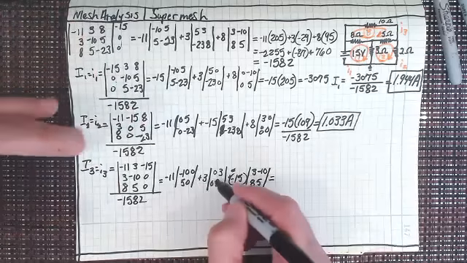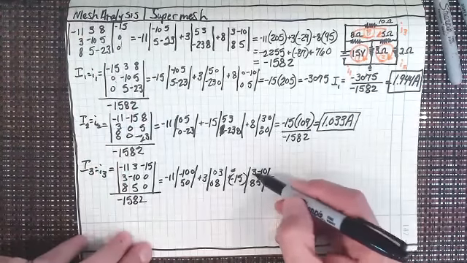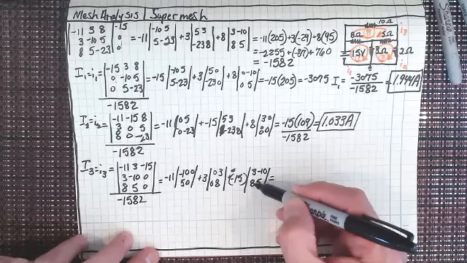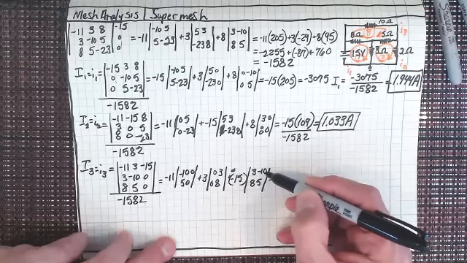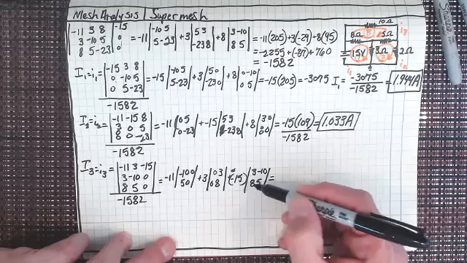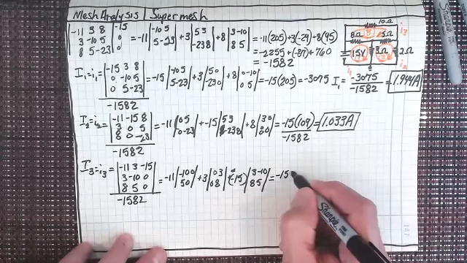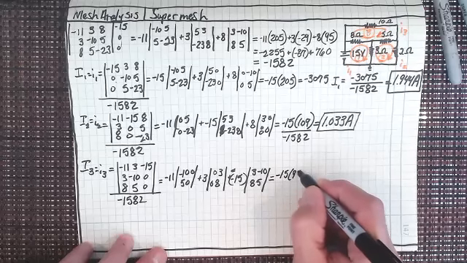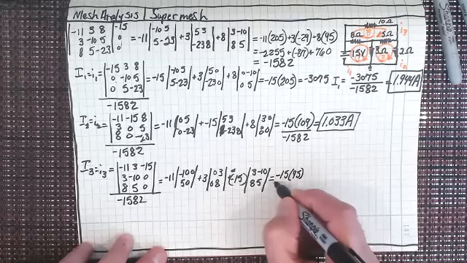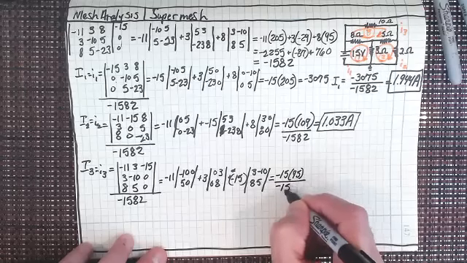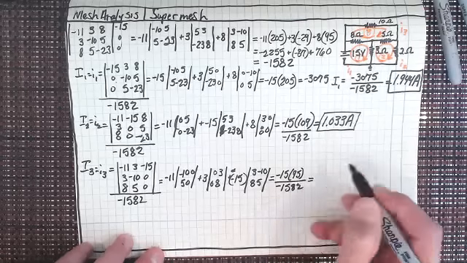So that's 0, that's 0, minus 15. Let's see, 3 times 5 is 15, minus a minus 80. So 80 plus 15 is 95. So minus 15 times 95, all divided by our minus 1582.